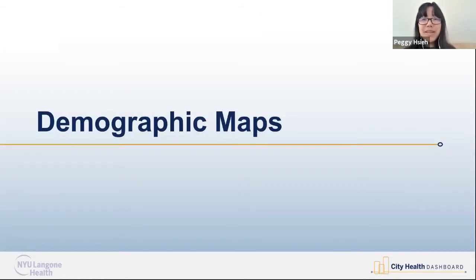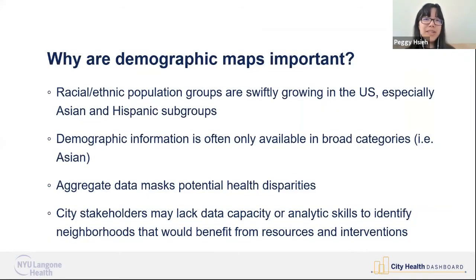So now I'm going to dive into the demographic maps features. First, why are these maps important? Racial ethnic population groups are swiftly growing in the US, especially Asian and Hispanic subgroups. And so it's becoming increasingly important for city leaders and other stakeholders to know the demographic makeup of their city.